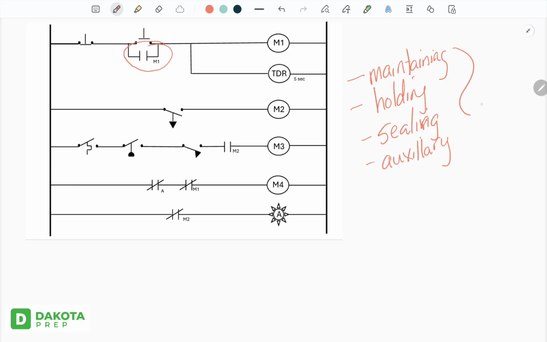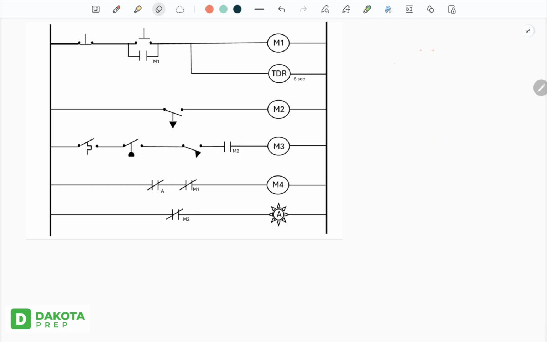The only thing these have in common is they mean the same thing. So essentially, all of these refer to any type of contact that is in parallel around something else. So we have maintaining, holding, sealing, and auxiliary. Is that confusing? Absolutely. Don't blame me. I didn't come up with it.